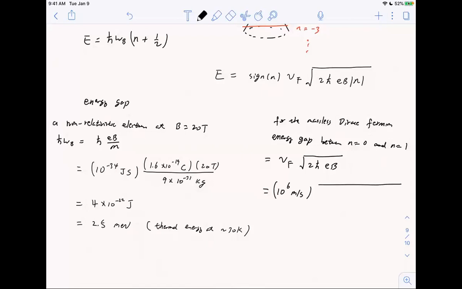And then here you just plug in the number: h bar times 1.6 times 10 to the negative 19. And then you also have the charge. I use the charge first. This is the charge. Anyway, I should put this first. This is the charge.